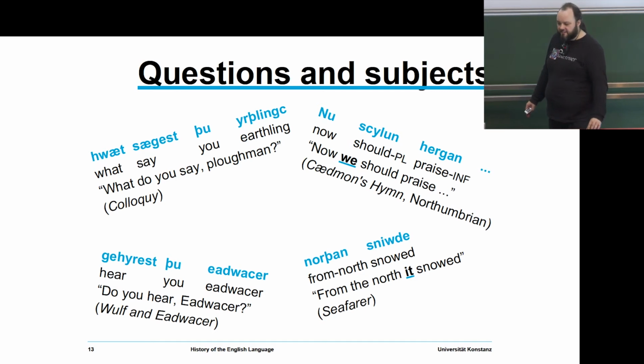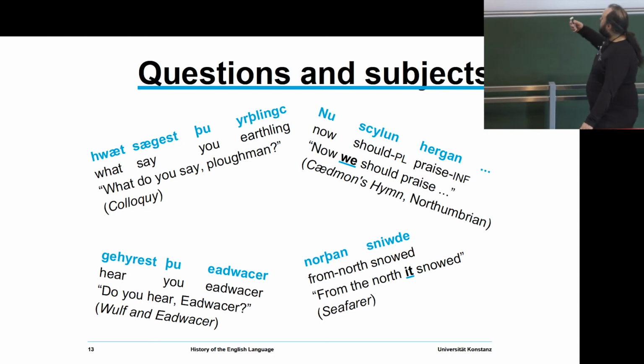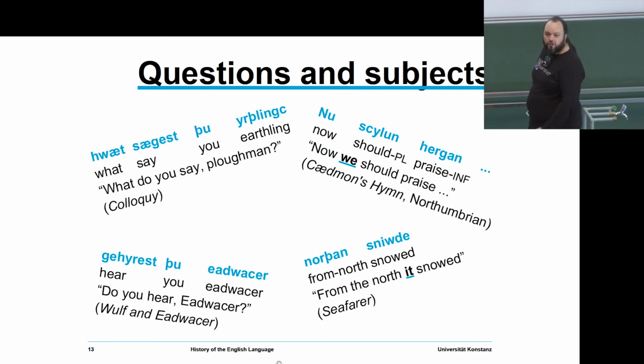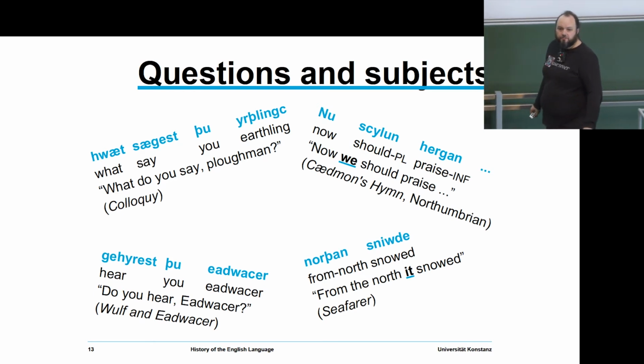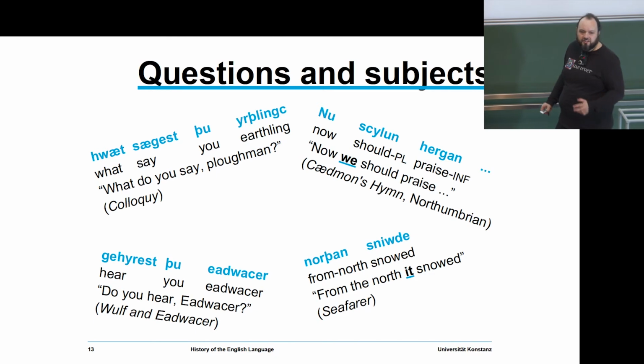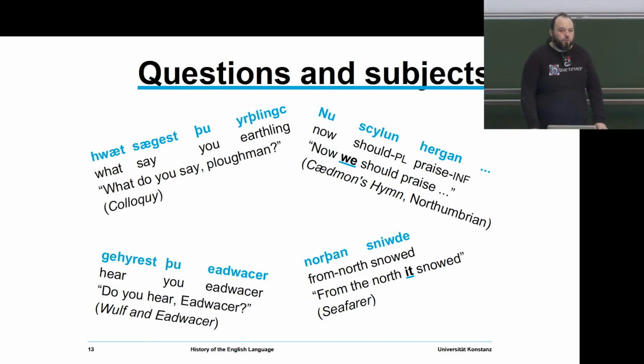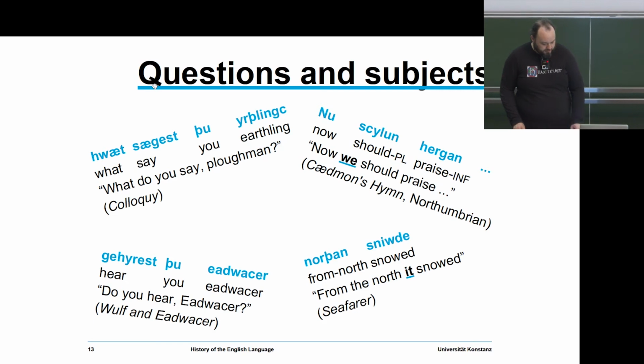But in the earliest texts, we find subjects being left out. And here's another one. Norðan snjóde. Norðan means from the north. Snjóde, it snowed, but we don't have an it. There is no it. So Old English is quite happy to do away with subjects in general. Subjects are just not so important in this language.